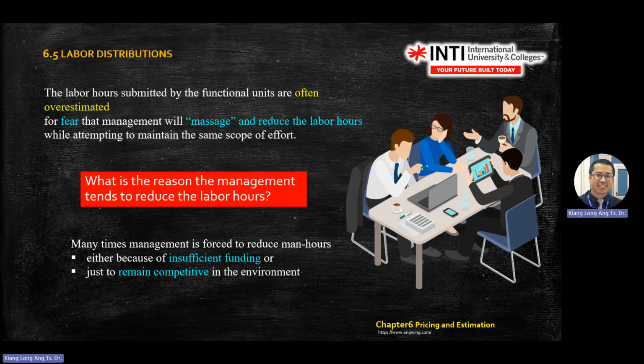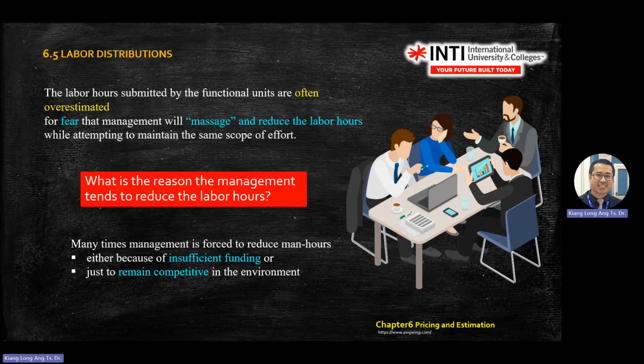Okay, so this is common sense or a trick if you become a project manager. The labor hours submitted by the functional units are often overestimated. Why? Because of fear of management. They will do adjustments on the numbers you submit.